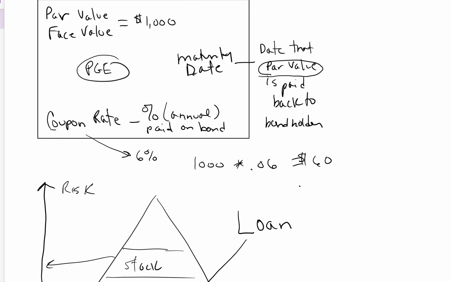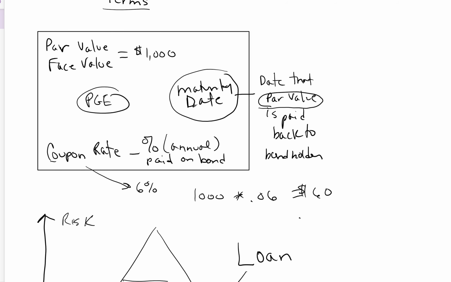At the end of the time, or the maturity date, the government or the company repays you the loan back. And in our case, they repay par value or face value, which is always $1,000. Okay? So that is generally how bonds work.